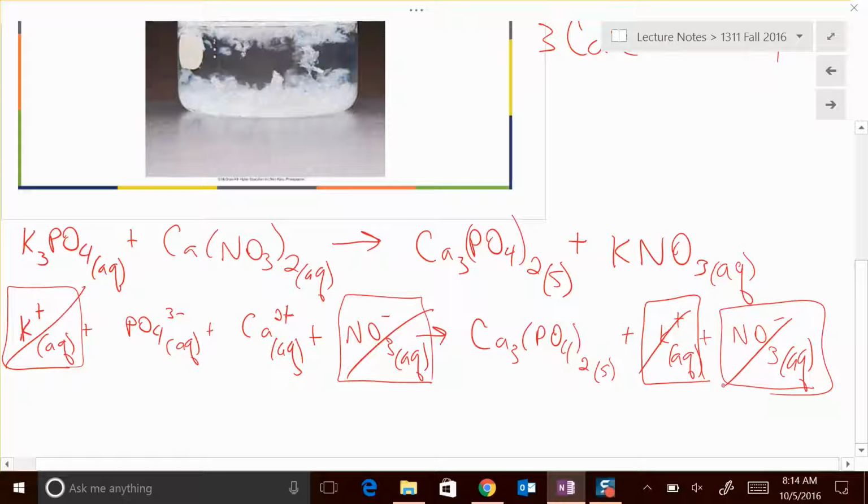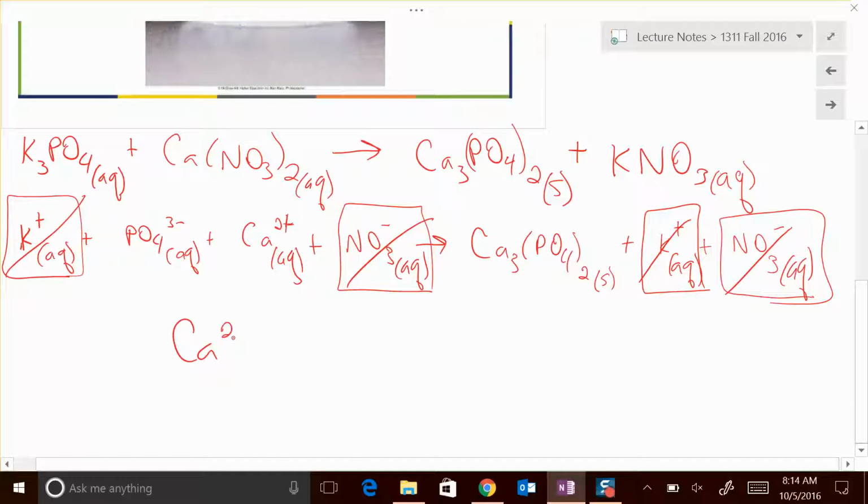What are those called? Spectator ions. Those are spectator ions. They are doing absolutely nothing. They're the same over here as they are over there. So because they're doing nothing, I can eliminate them from this. They're not participating in the reaction. So what is the net ionic equation? The only thing that's actually happening.